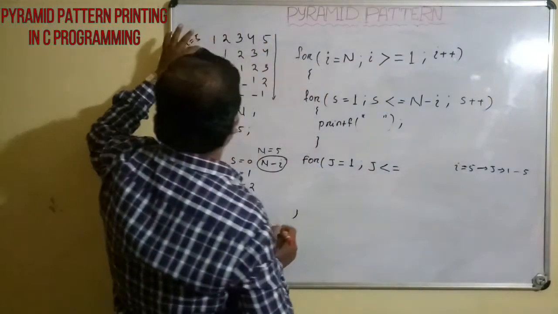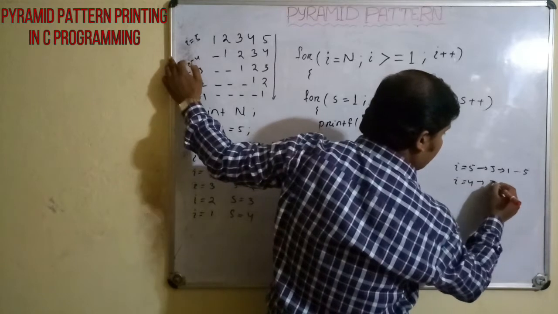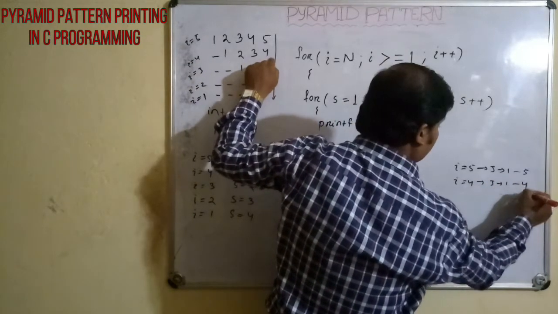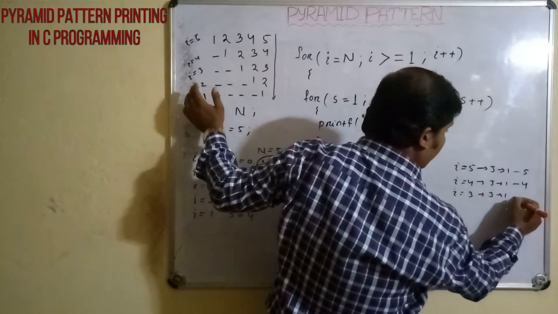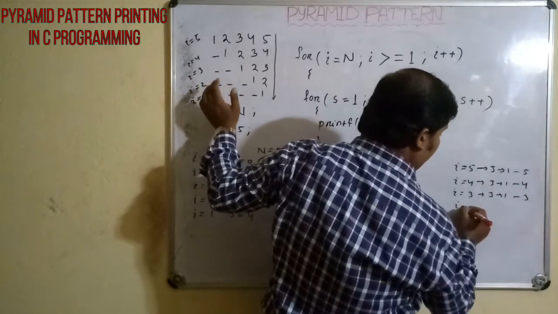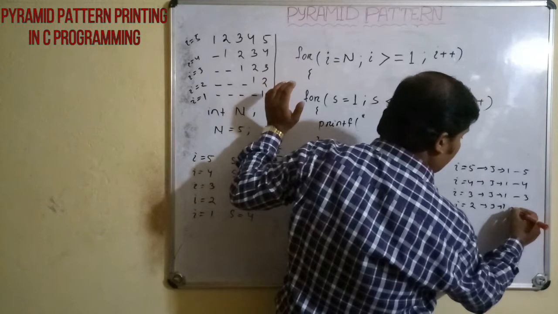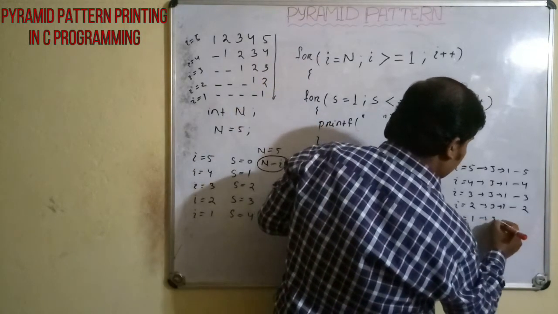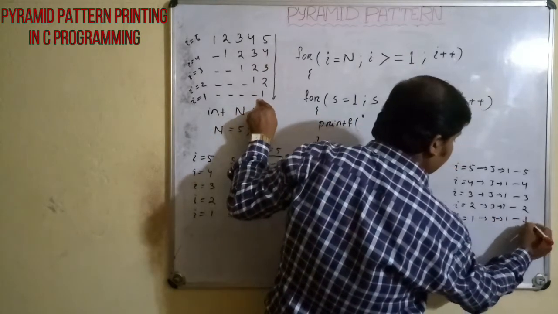When i value is 4, j starts from 1 and ends with 4. When i value is 3, j starts from 1, ends with 3. When i value is 2, j starts from 1 and ends with 2. When i value is 1, j starts from what? 1 and ends with 1.